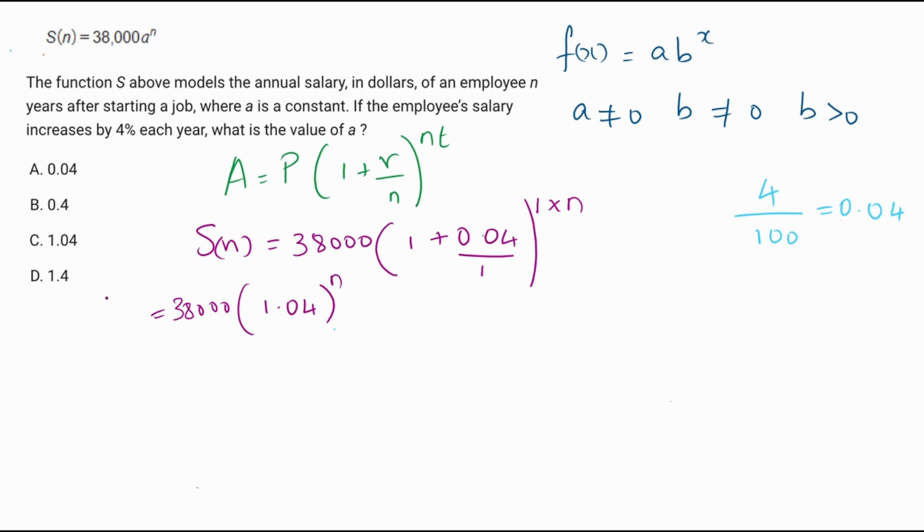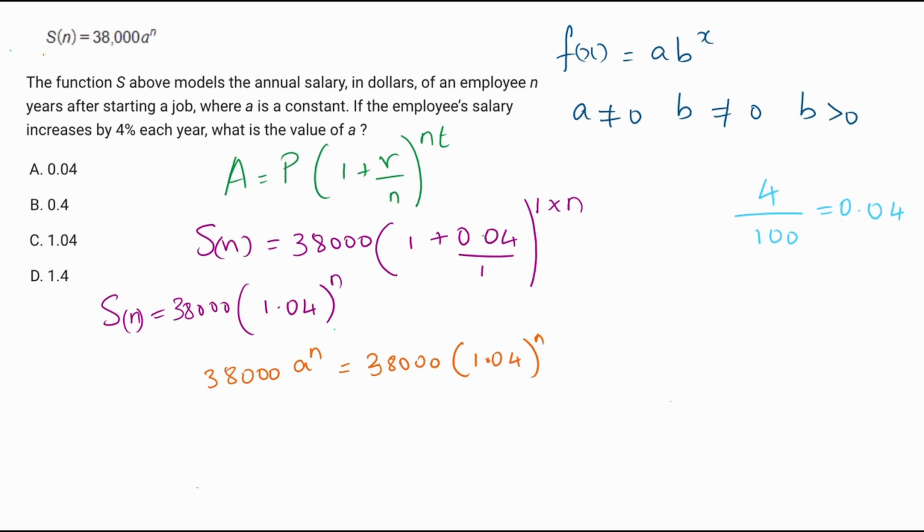I'm going to equate the s of n of this equation with the s of n of the given equation. So we have 38,000 times a to the power n, which is equal to 38,000 times 1.04 to the whole power n.